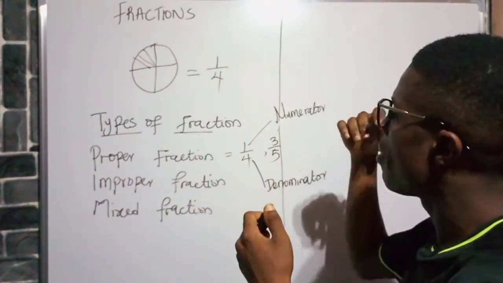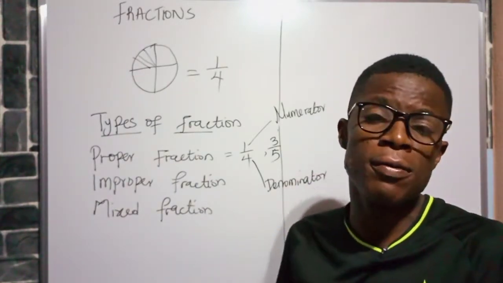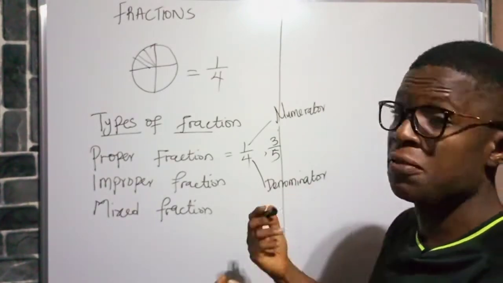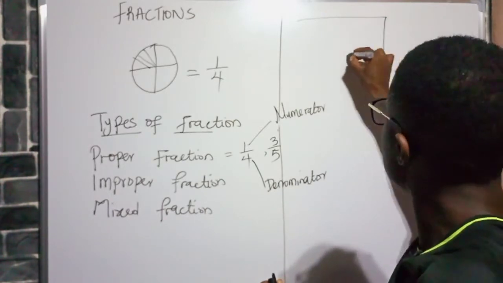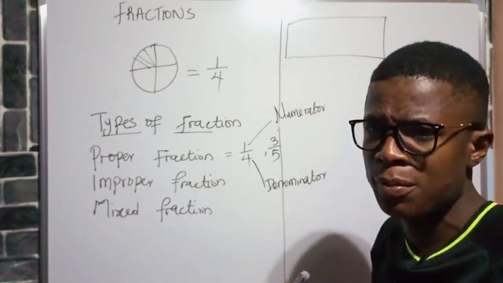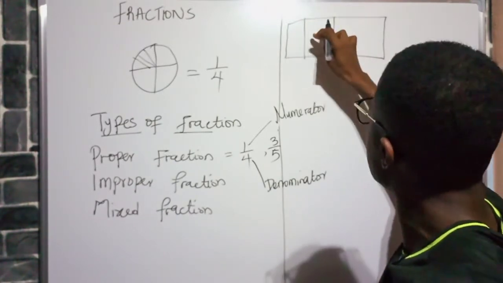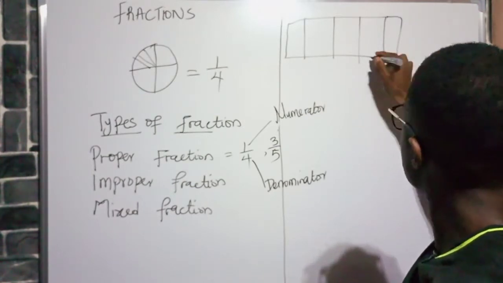For example, my mom said that I should divide a loaf of bread into 5 parts. Okay, so this can represent the loaf of bread. So I was told to divide it into 5 parts. This is 1, 2, 3, this is 4, and this is 5.